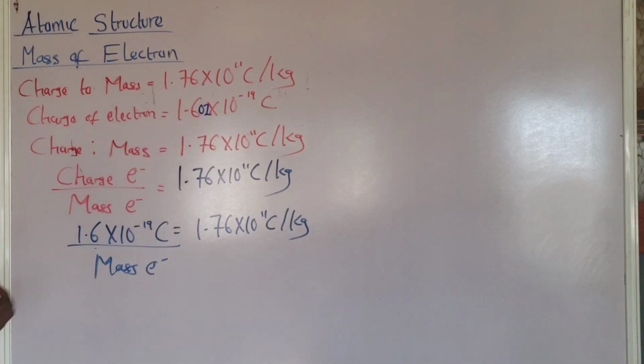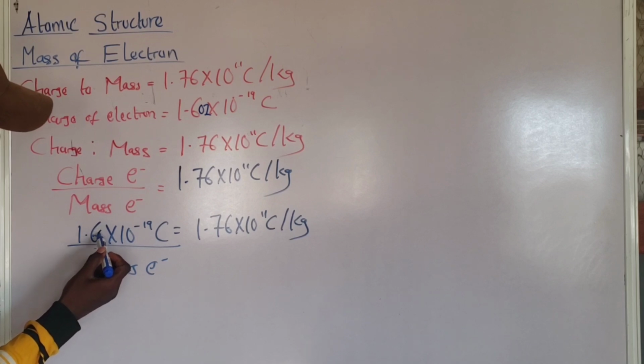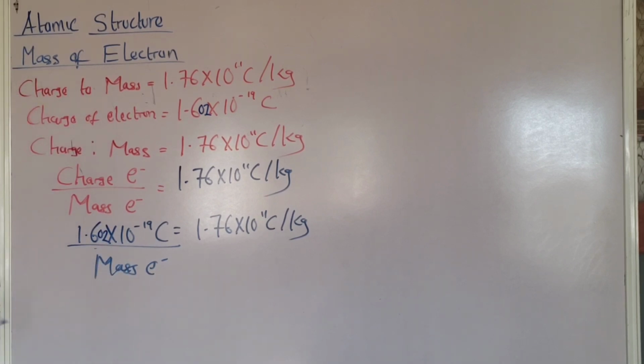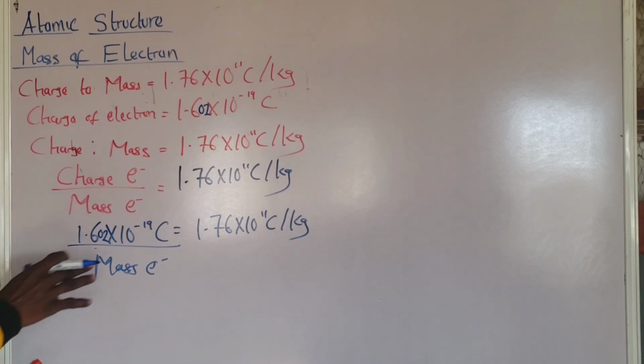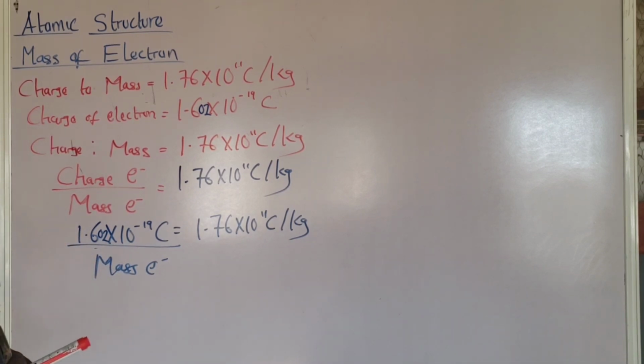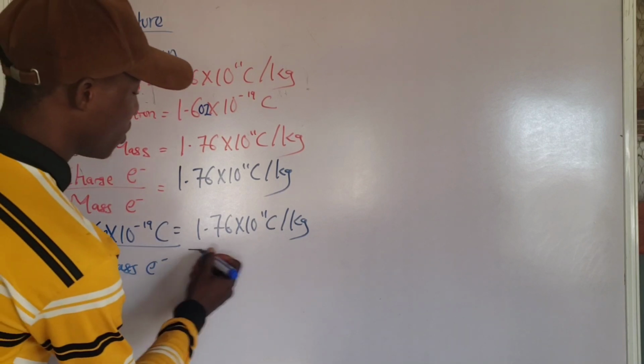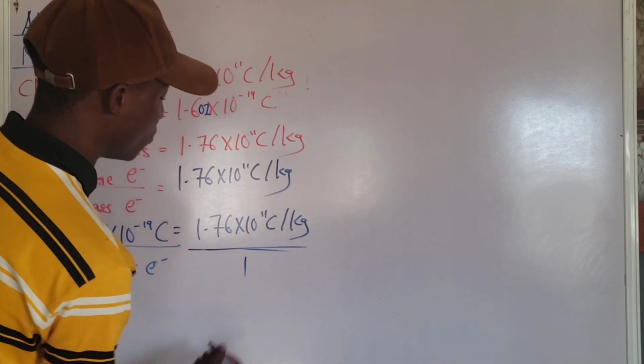If you approximate this to 1 decimal place, you're going to have 1.6, but because we want to compute the data for the mass of electron, it is very important that we make use of 1.602 and not 1.6. So we don't want to make use of the approximated value.